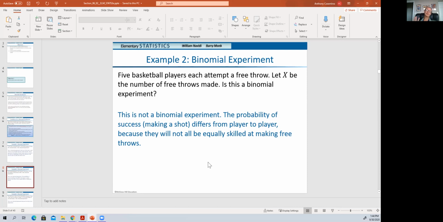For example, if I was shooting the foul shot and the next person was Steph Curry, I would think Steph Curry has a much higher probability of making his foul shot than I would. So they're not going to be equal. In that case, if the probabilities of all the events are not equal, it's not binomial.